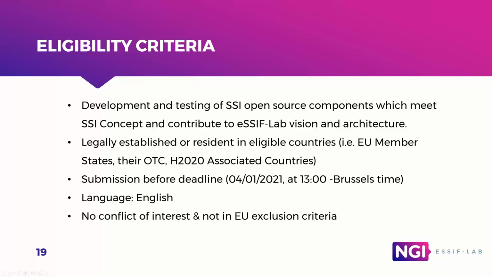So please mind it when you create your application. And also, you'll be requested to acknowledge that you have no conflict of interest and that you're not in one of the EU exclusion criteria to get funding. And this means, for example, a difficult financial condition, right? So just for you to be aware. Next slide, please, Oscar.